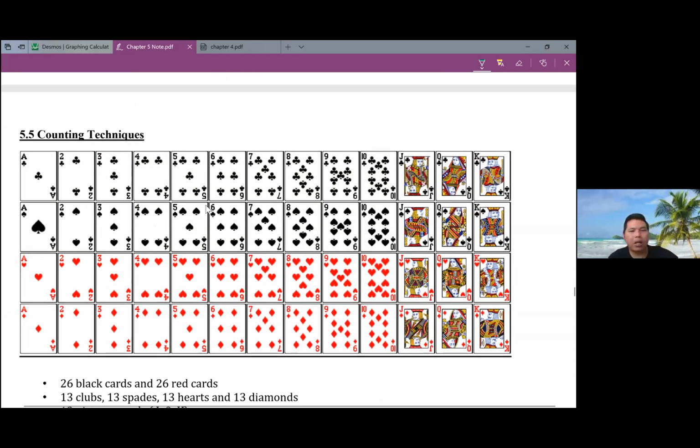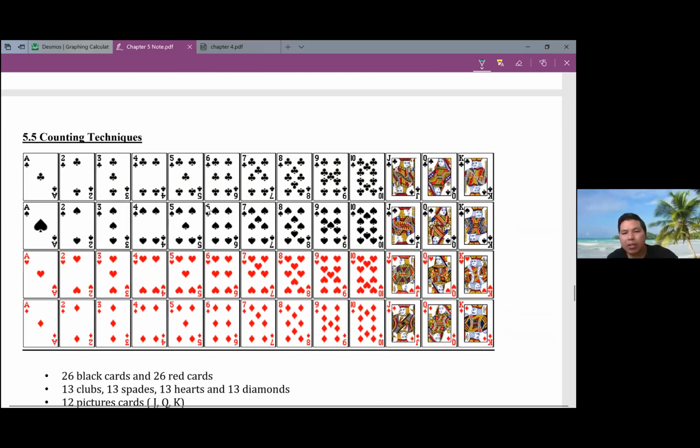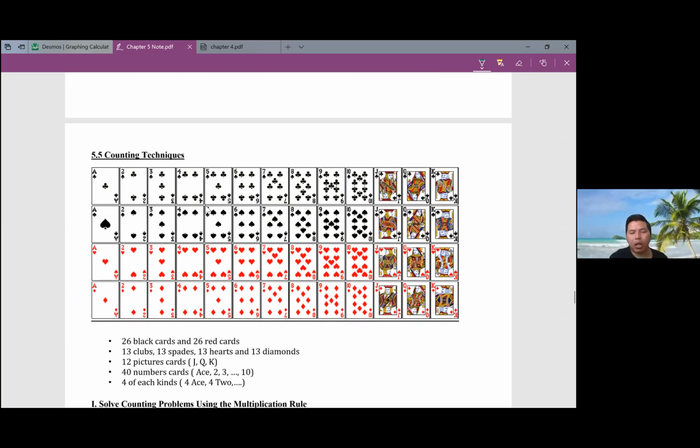To remind everyone again, this is a deck of cards, and we always have 4 different suits: club, spade, heart, and diamonds. We have 40 number cards and 12 picture cards, and each suit has 4 of each card, 4 aces, 4 twos, 4 threes, and so on.